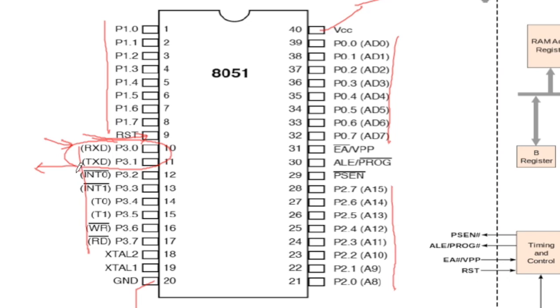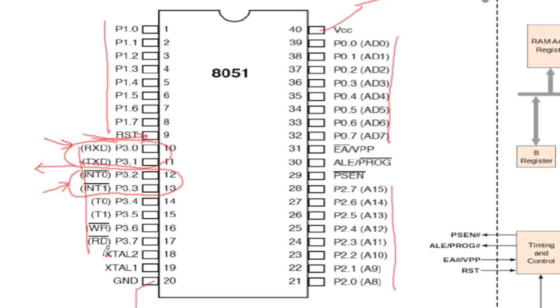The other special pins on port 3 are the interrupt pins. So interrupt 0 and interrupt 1 are used to interrupt the microcontroller and provide alerts from the outside world for the microcontroller to respond to.